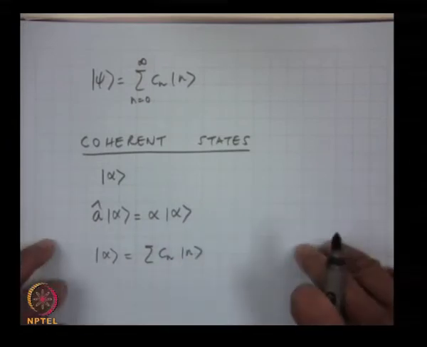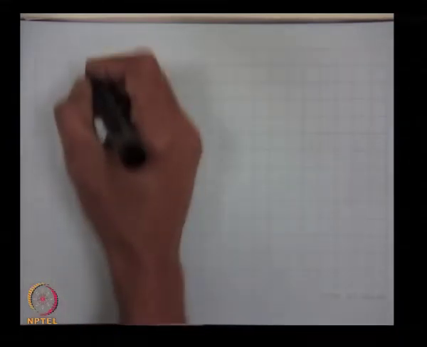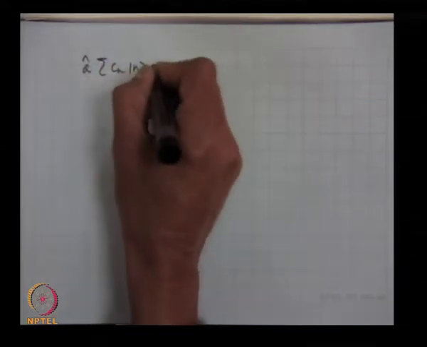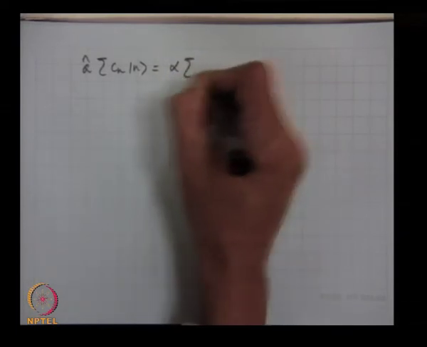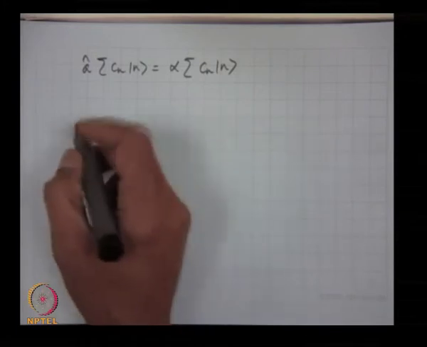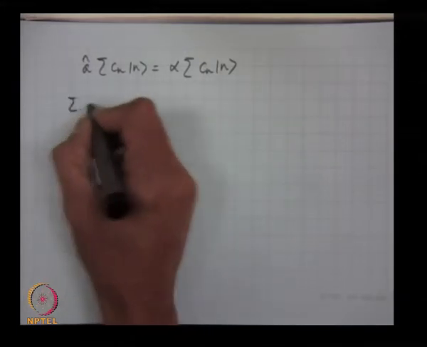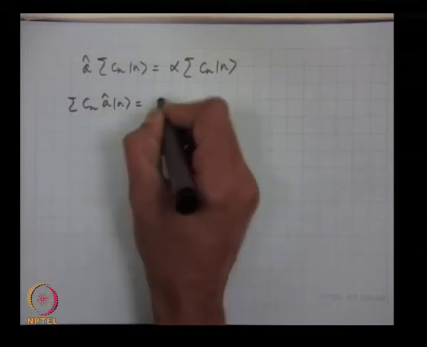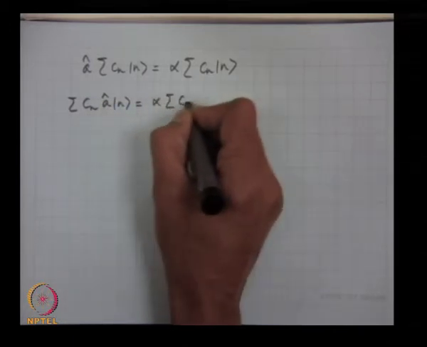If I substitute this here, A sigma Cn n is equal to alpha sigma Cn n.